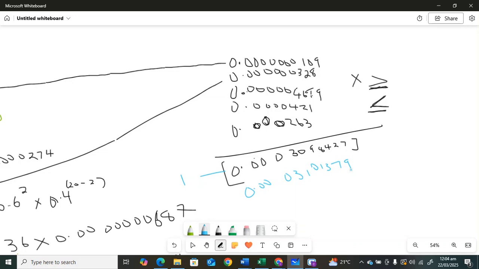So that's the probability that at least 5 students are working in the banking industry. 99.67%.